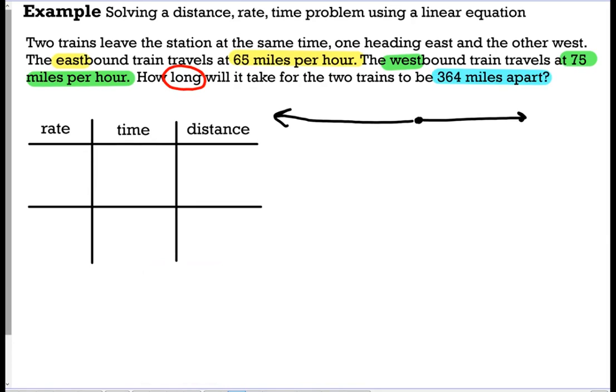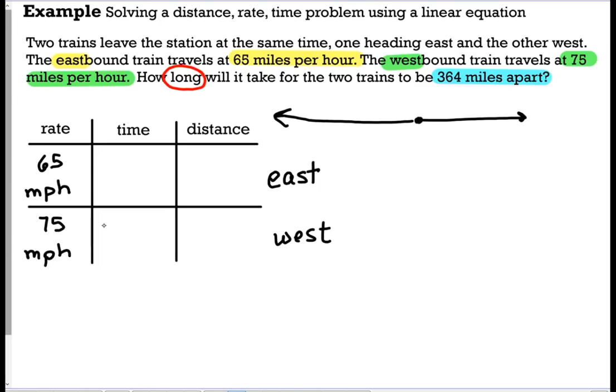So I'm going to call one train the east train and another train the west train. In the problem, it said the east train was traveling at 65 miles per hour. The west train travels at 75 miles per hour. The time, it didn't say.